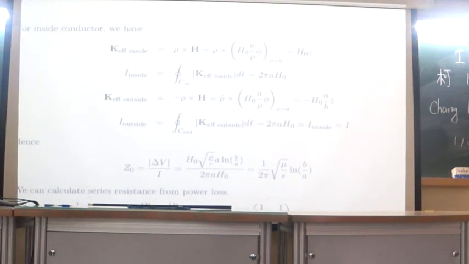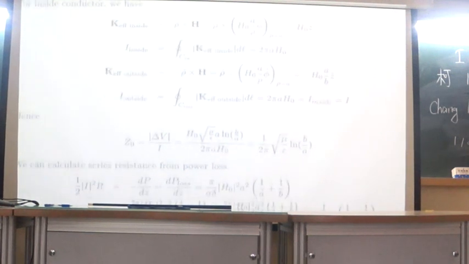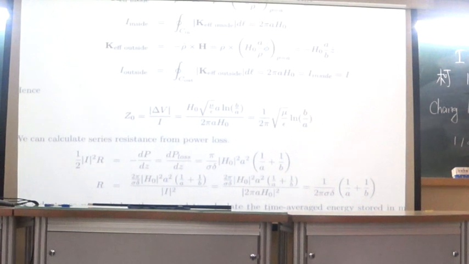And after the integration, you will get the same value, 2 pi a times H0. So the characteristic impedance of this system is 1 over 2 pi times this dielectric constant and log b over a.